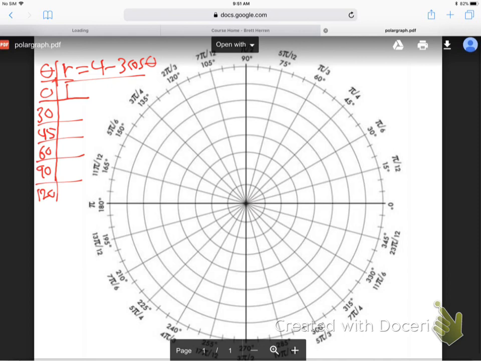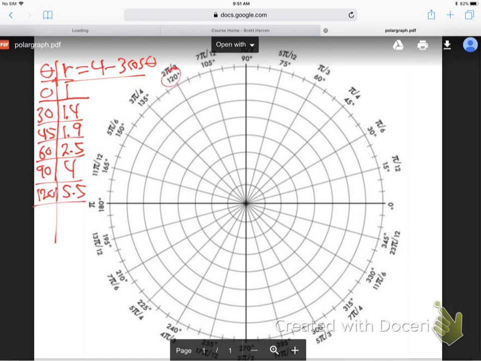I'm getting 1.4, and 4 minus 3 cosine 45, I'm getting 1.9. 2.5. I'm getting 4. 120, I'll keep going. 5.5.